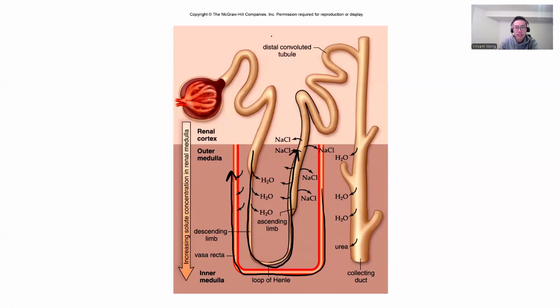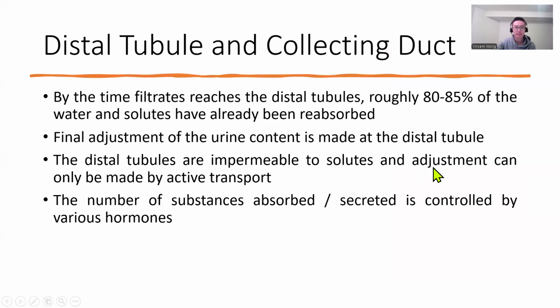Then it's going to go to the distal convoluted or distal tubule. Convoluted means it's like all twisted up. Right? And then over here, we have the collecting duct. So what happens next? What happens at the distal tubule and the collecting duct? Well, what happens there is tightly regulated by hormones. Okay.